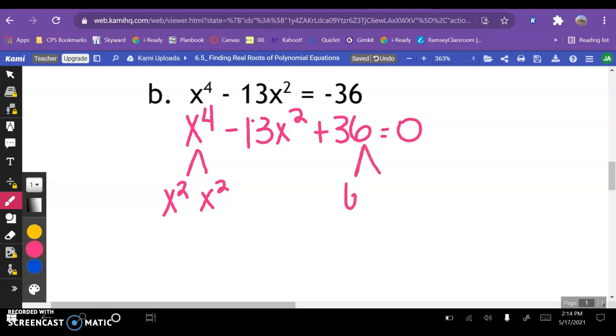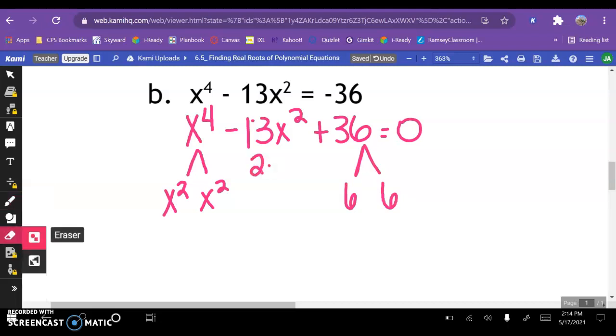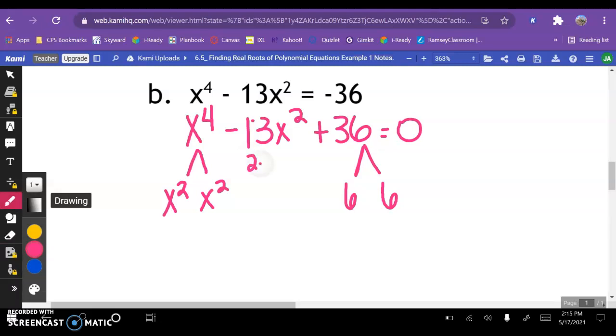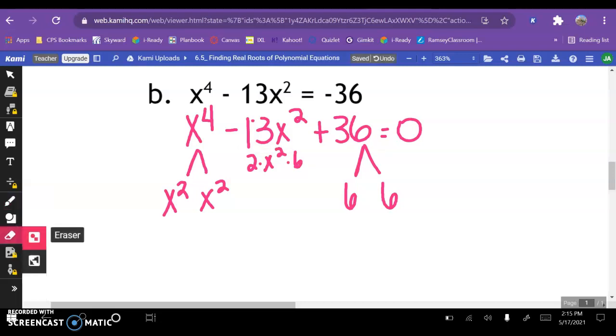And then 36 would be 6 times 6. So I would do 2 times 1 from the front times 1 from the back to give us that middle number. And that doesn't work out. So this is not a perfect square trinomial, so this is not going to work.